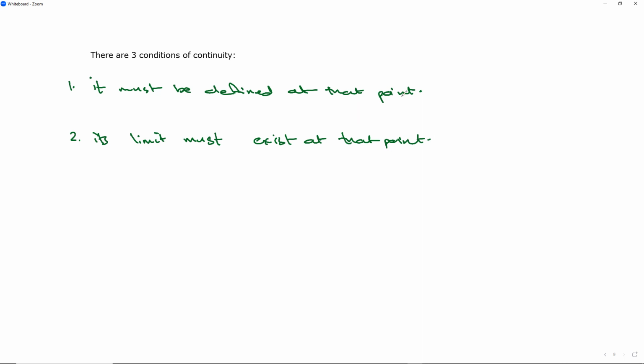So it must be defined at a point. Its limit must exist at that point. That means it must have a limit.